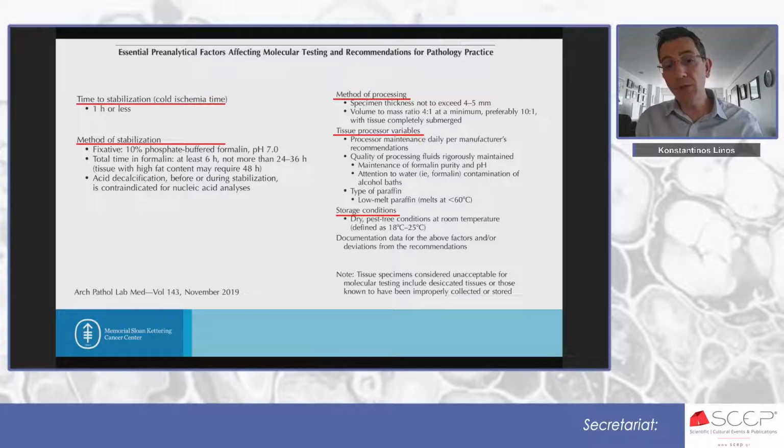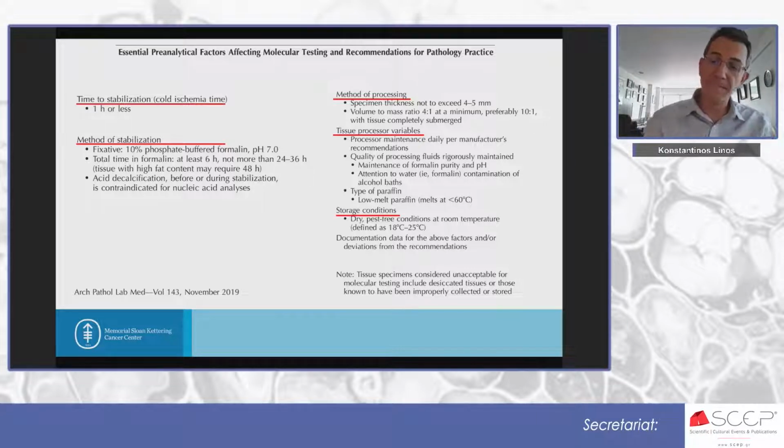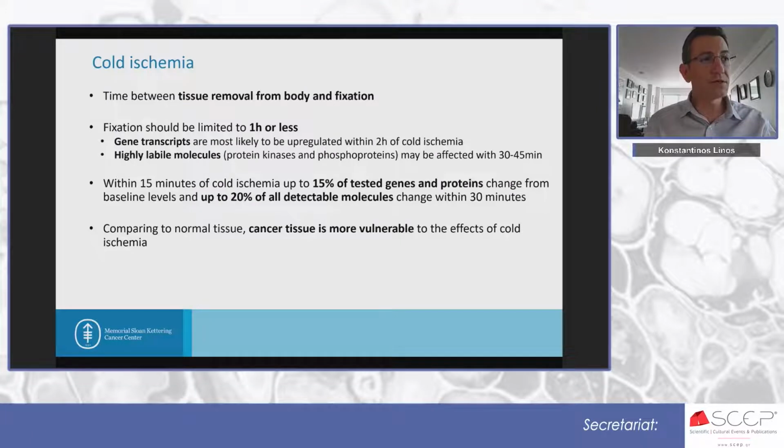If you're at a public hospital, do they have storage conditions that are very stable? Or are you in the basement of a hospital in the summer at 45 degrees Celsius, right? That will affect the molecular integrity of your specimen, and subsequently the analysis of the specimen. So these are all factors that we need to record and control as much as possible so you can preserve the reliability of your specimens.